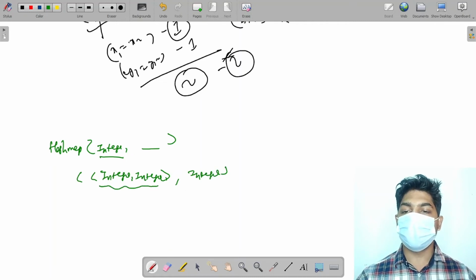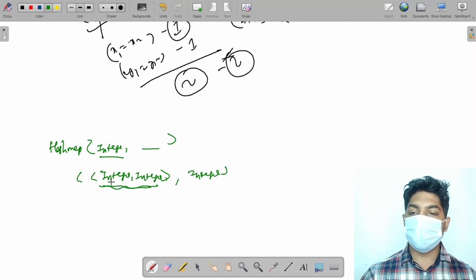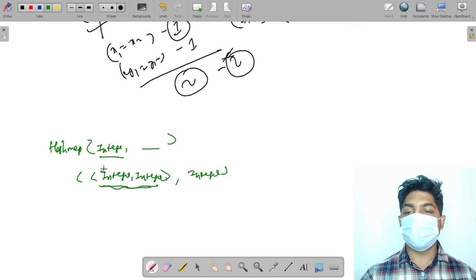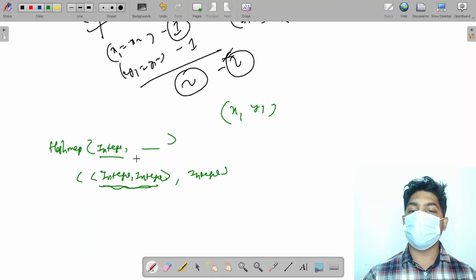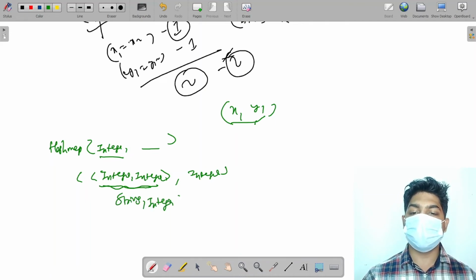If we want to store something like this, we will have to write our custom hash function. That will not be a very good idea. So instead, we have x1 y1, and we can convert it into a string and store a pair of string comma integer, and this we can easily do in a HashMap.